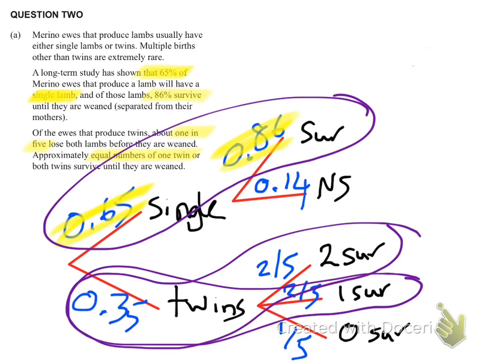And the extra factor that we've got to take into account is when we're talking about 2 surviving, you've got to multiply that by 2 because there's 2 lambs there.